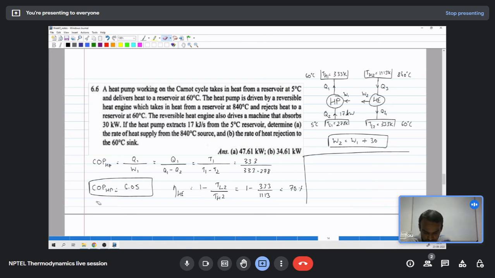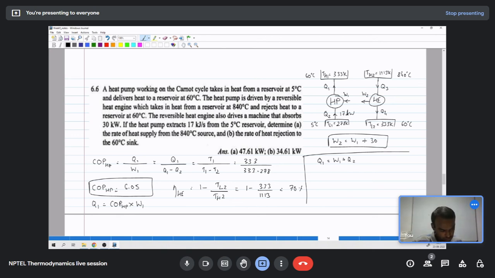So COP says that Q1 is equal to COP heat pump into W1, and we know from the energy balance equation Q1 is equal to W1 plus Q2.